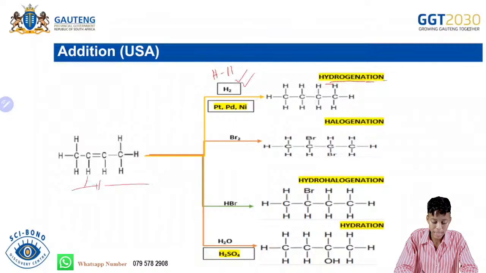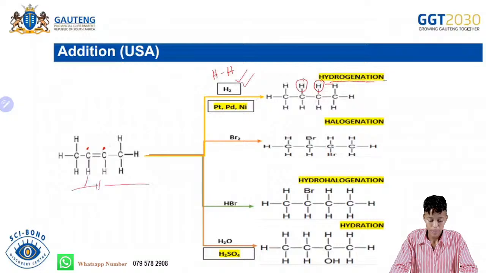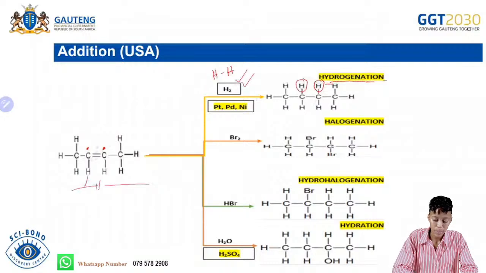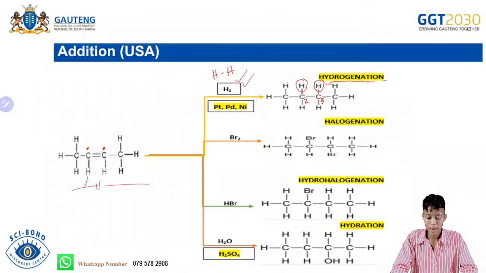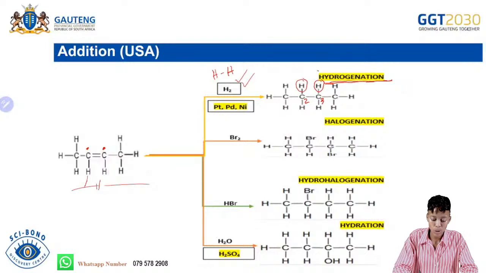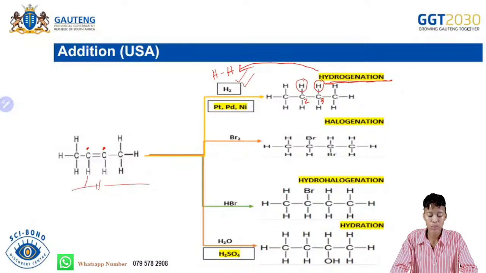We had H and H. So therefore the H and H were added where we have the double bond. The hydrogen and hydrogen were added by carbon number 2 and carbon number what? And carbon number 3. So therefore the type of addition reaction is called hydrogenation. Why hydrogenation? Because it is the addition of hydrogen.